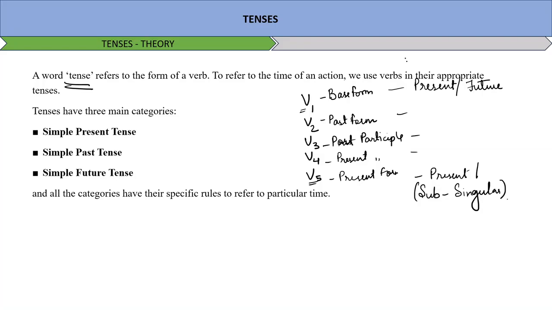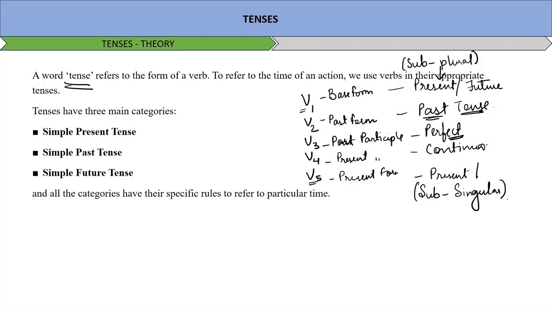If your subject is plural, you will use the V1 form of verb for present tense. Okay. Past tense is all about V2. Perfect tenses are always about V3, and continuous is always followed by V4, right?